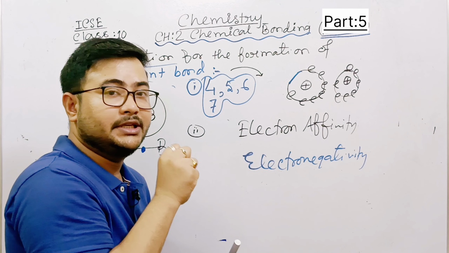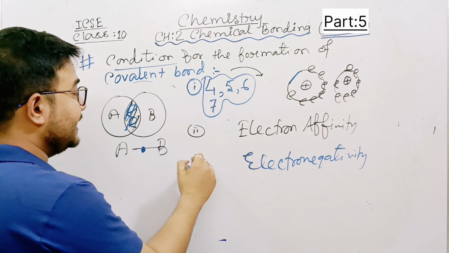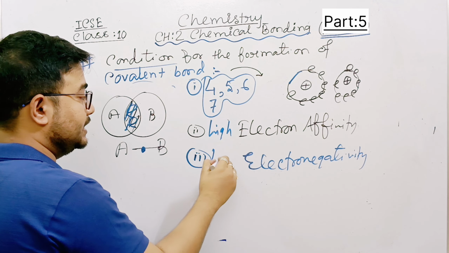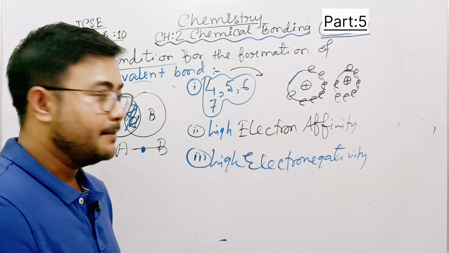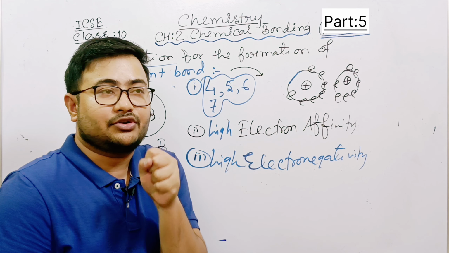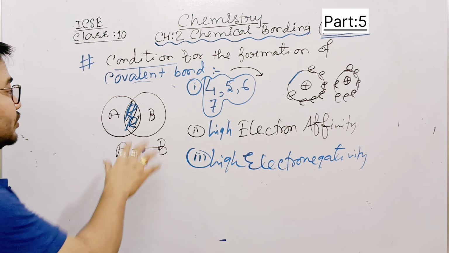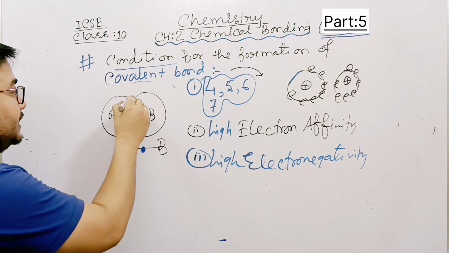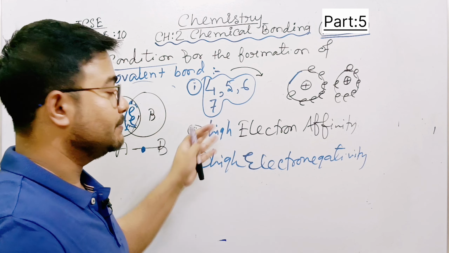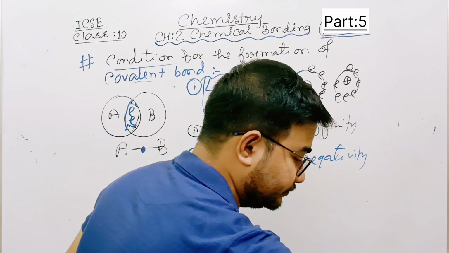Electronegativity also means pulling the electron strongly, that is, binding the electron. So the second and third conditions are high electron affinity and high electronegativity, because both terms indicate trying to hold the electron, not lose it. In the covalent bond the electron is held in the common space. Do you understand? So these are the 3 most important conditions.